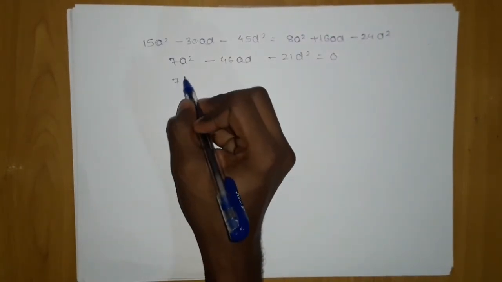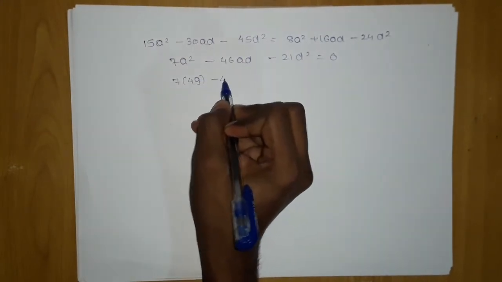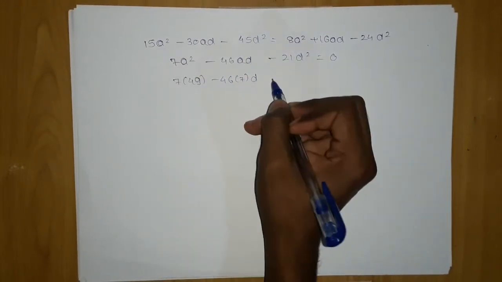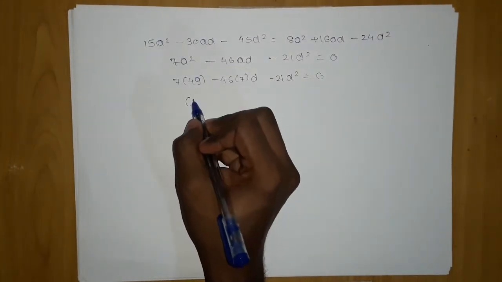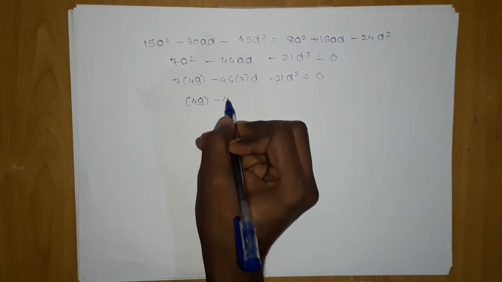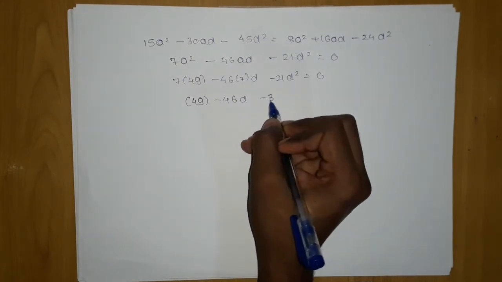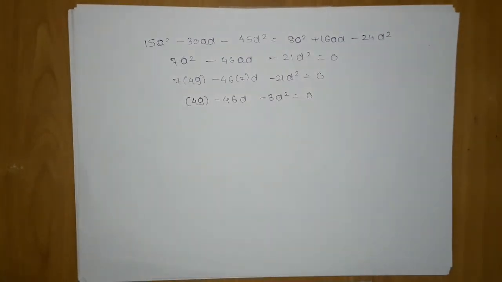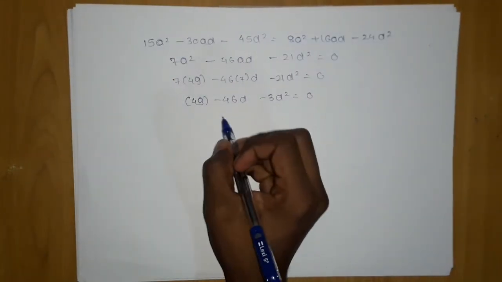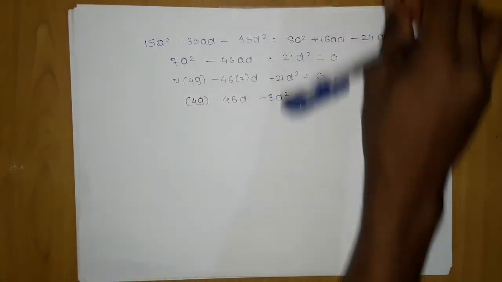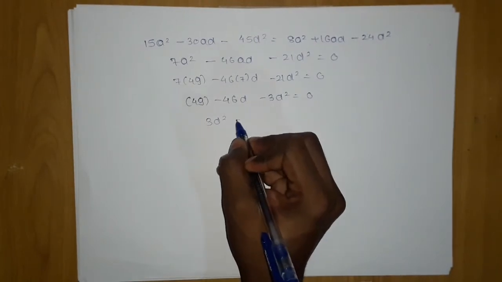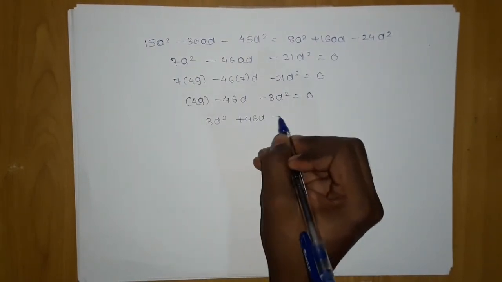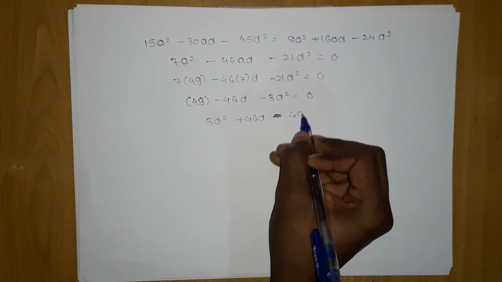Now a is 7, so 7 into 49 minus 46 into 7 into d minus 21 into d square. Here all have 7, so let me divide by 7. What I have is 49 minus 46d minus 3d square equal to 0. If I multiply it by a minus sign, I have 3d square plus 46d minus 49 should be equal to 0.